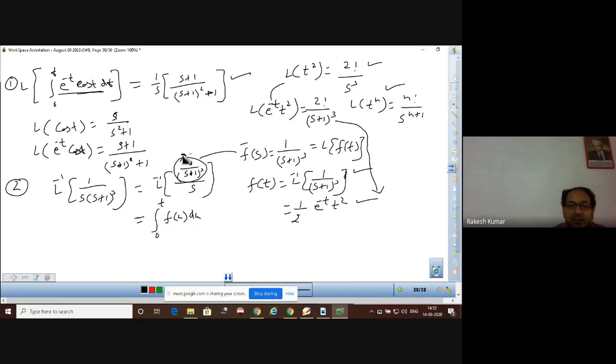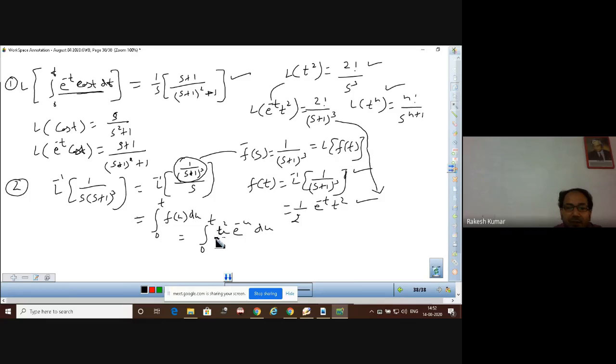Now you can write down the expression here, this one, and that is equal to integral 0 to t. You can write in terms of u also, it doesn't make any difference. That is integral of u square e raised to power minus u du. Then how to integrate it?